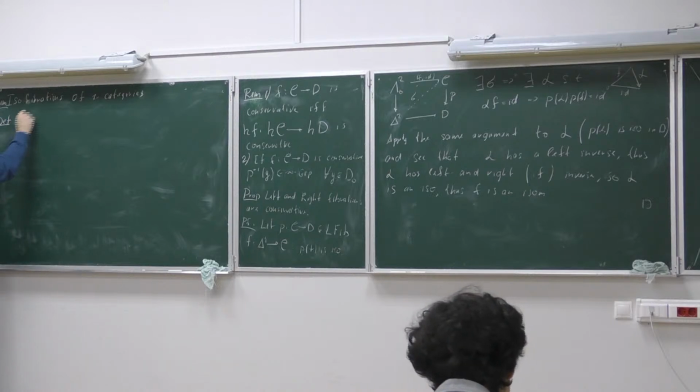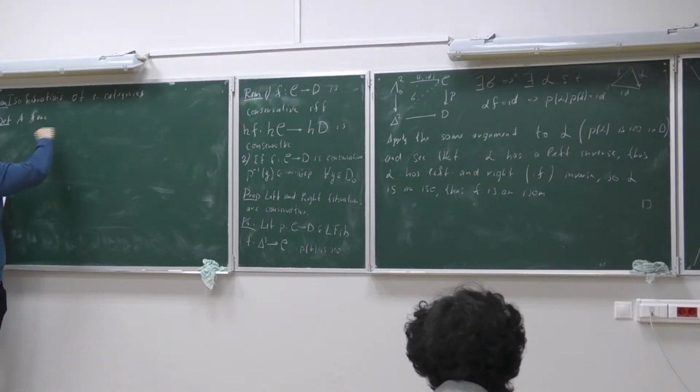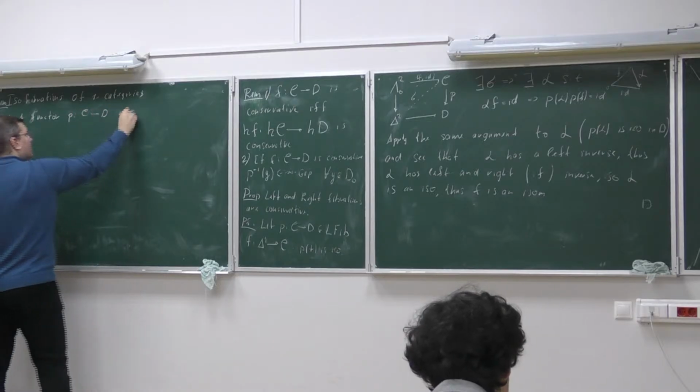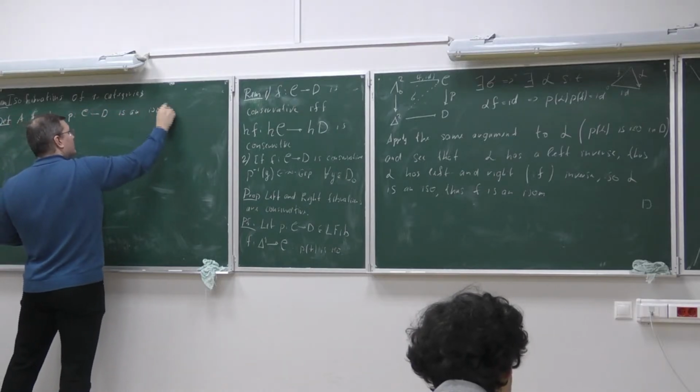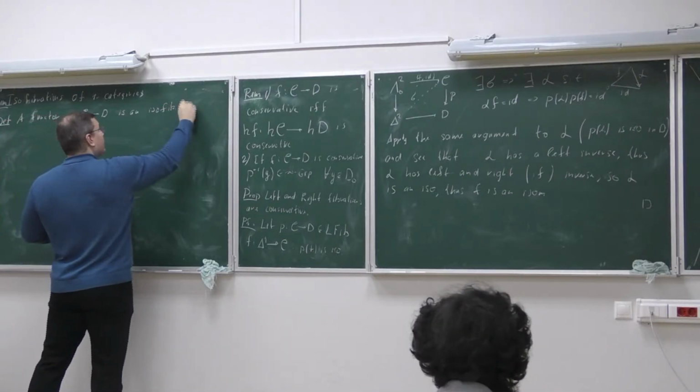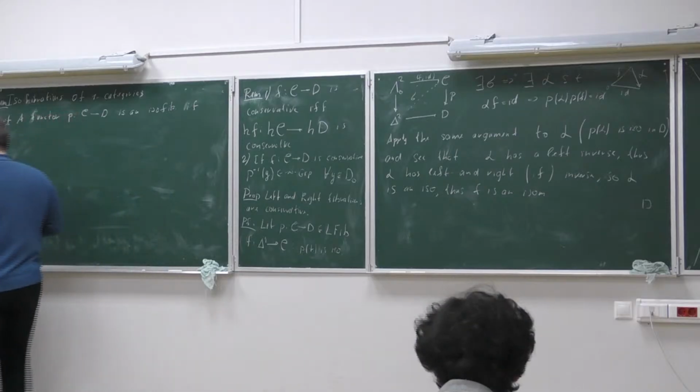So in this remark everything is just one-categories. So a functor P from C to D is an isofibration if I have the following interesting property.